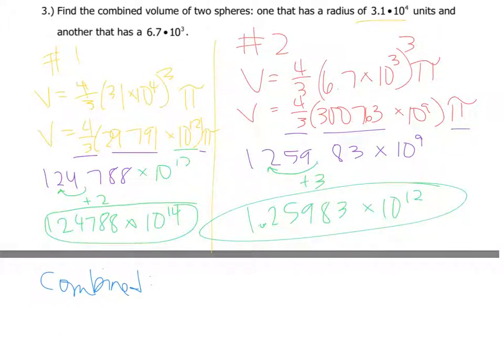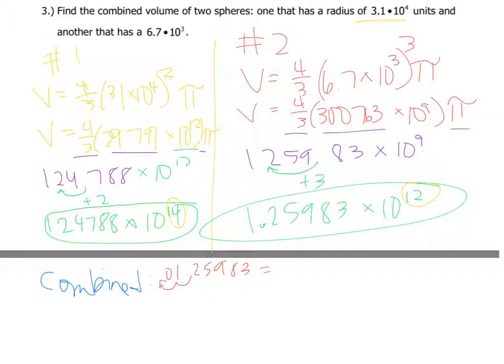And now before we can combine them, I need the exponents to be the same, because it's kind of like combining like terms. So it's up to you if you want to combine them by making 12 14, or if you want to make 14 12. Sometimes it's easier to just make a smaller number larger. So if I want to make 12 into 14, I have 1.25983, and I need to move that 2 places.